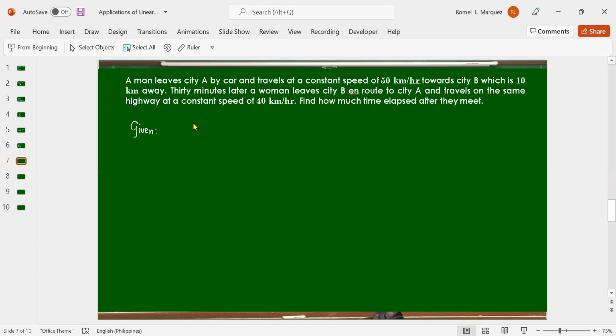Okay, guys? So 30 minutes later, a woman leaves city B en route to city A and travels on the same highway at a constant speed of 30 kilometers an hour. Find how much time elapsed after they meet. Okay, guys?